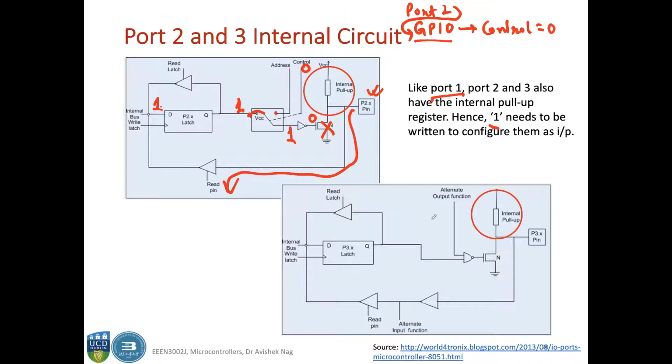In the case of port 3 also, when you put a 1 here, the output will be 1 here. Generally the alternate output function has to be 1 for port 3 to become a GPIO, and if that is the case, then the output of this NAND gate will be 0, and again this transistor will be switched off.